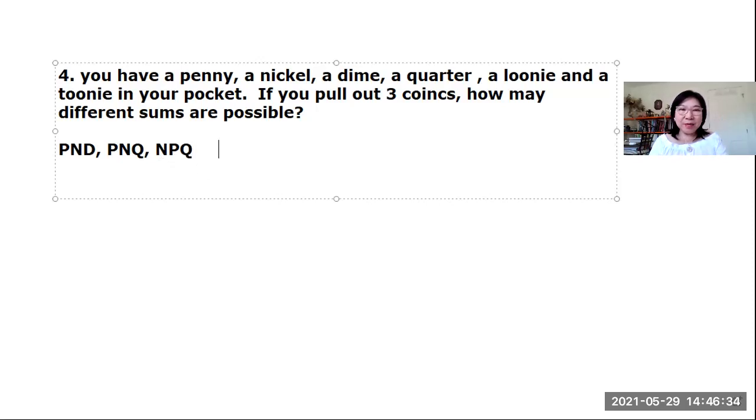So the solution will be: how many coins do you have? 1 penny, 1 nickel, 1 dime, 1 quarter, a loonie and a toonie.